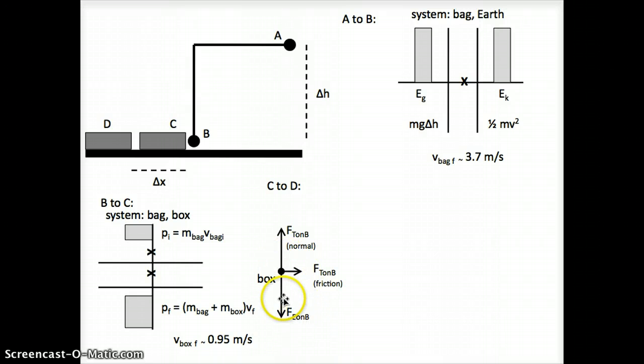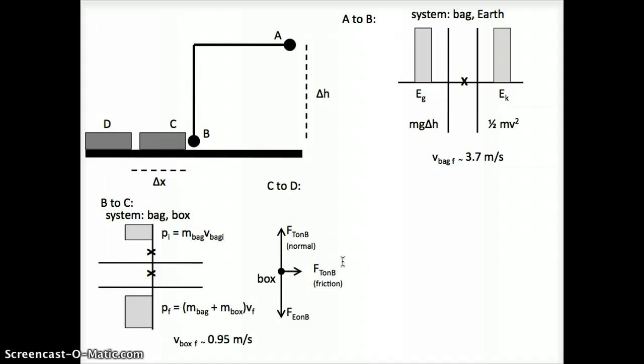These two balance out, and the only component of force that's accelerating the block is this component of the table on block force, the friction force. This is the value that we are ultimately interested in.